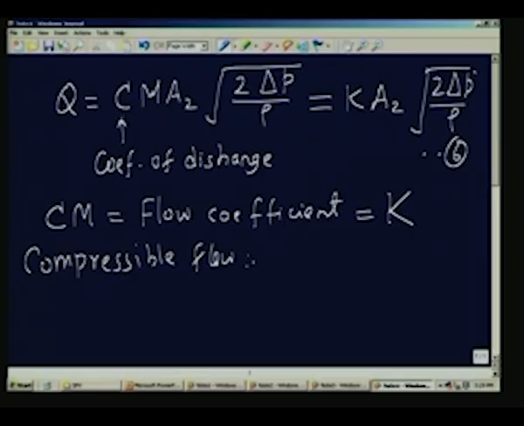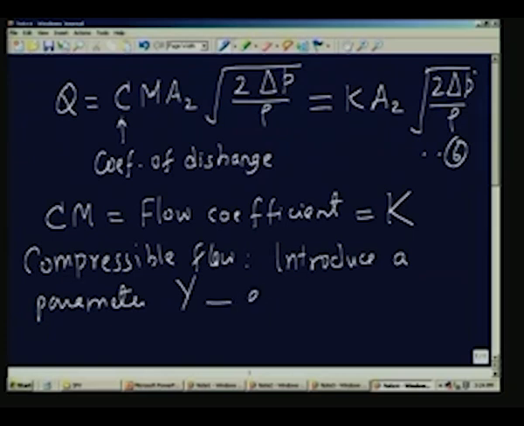In that case, we will introduce another parameter called y, which is called the expansion factor, so that equation 6 can be rewritten with a factor y here.